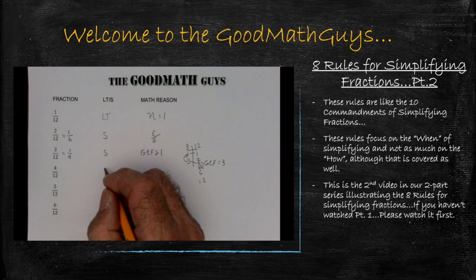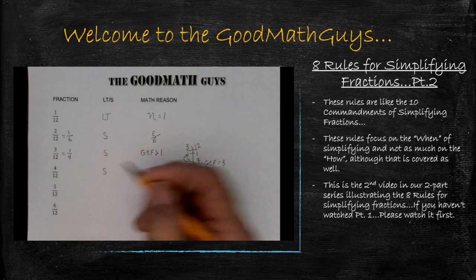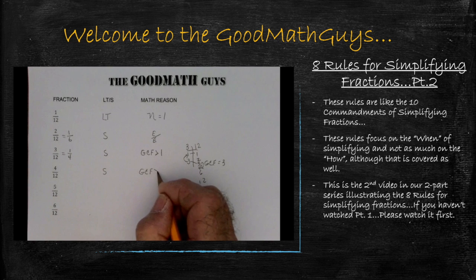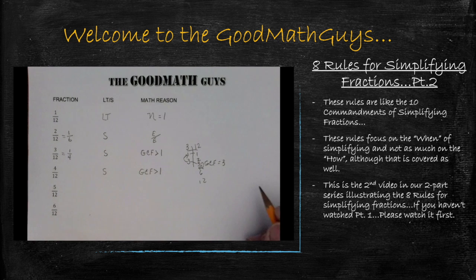4/12 needs to be simplified. Reason being, GCF is greater than 1. Let's go over here and factor the 4 and the 12. 12 we just finished, so all we need to do is copy those down: 1, 2, 3, 4, 6, and 12.